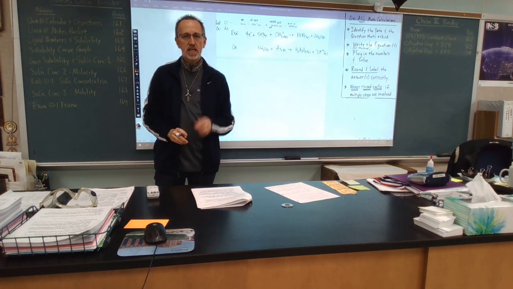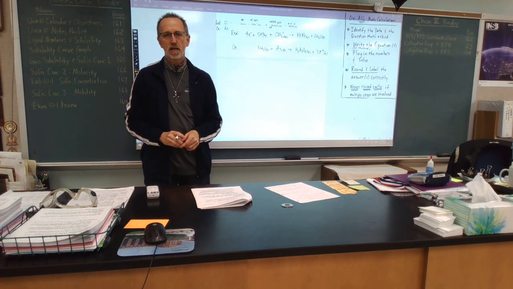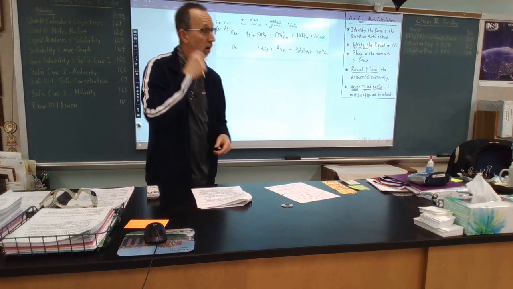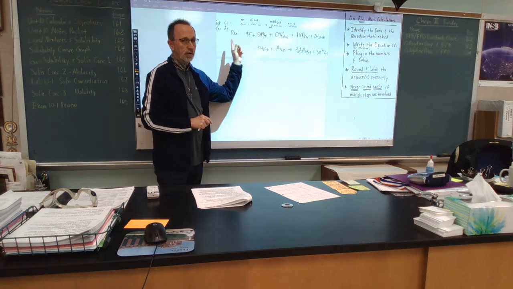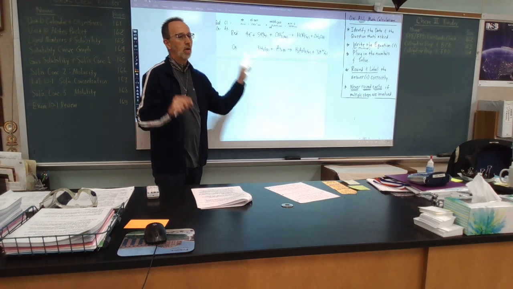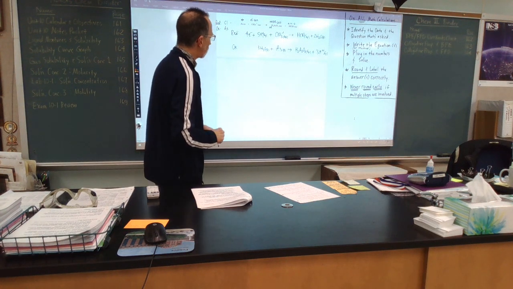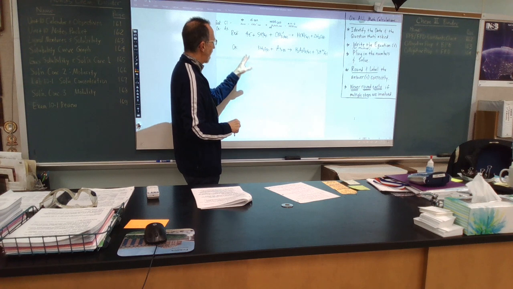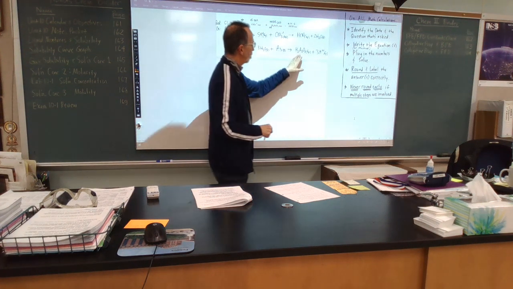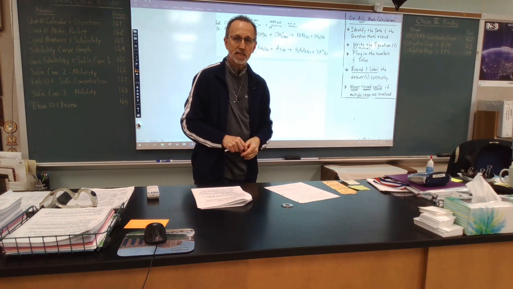Which makes sense. Keep in mind, reduction is a gain of electrons. And so in a reduction half reaction, the electron should always appear on the left side of the equation. On the bottom half reaction, we have neutral here, and we have 3 +1s over there, which is a charge of +3.